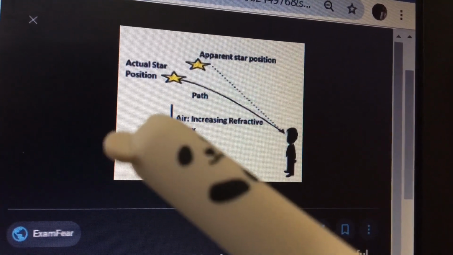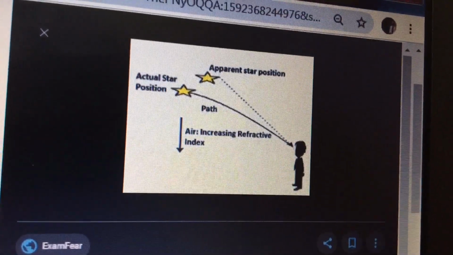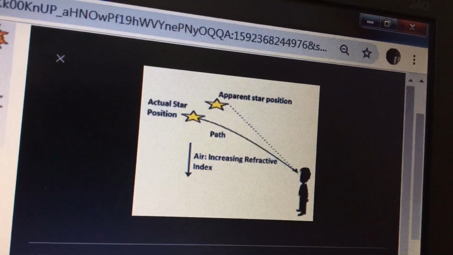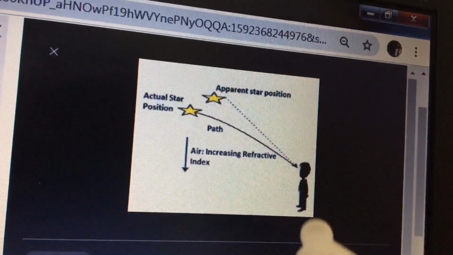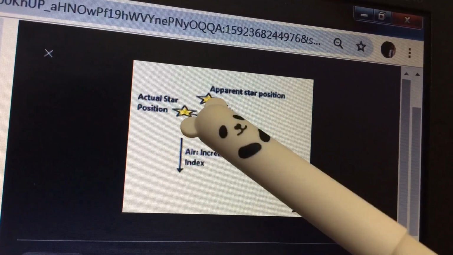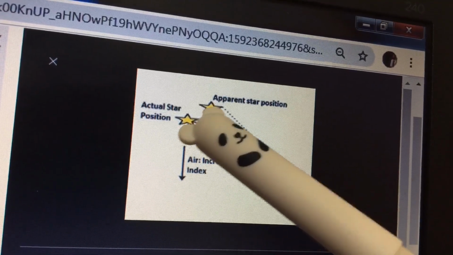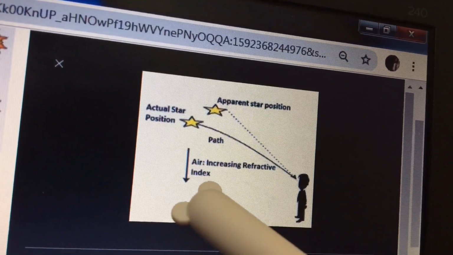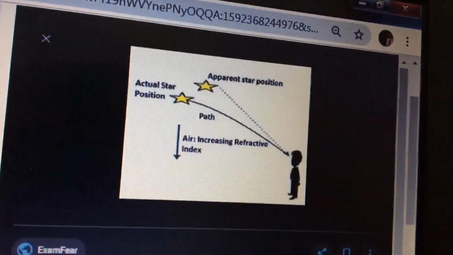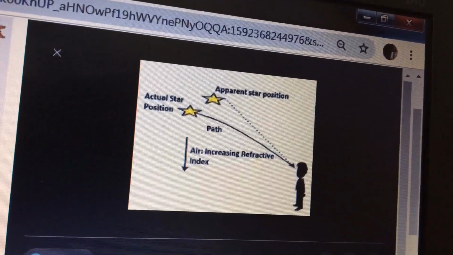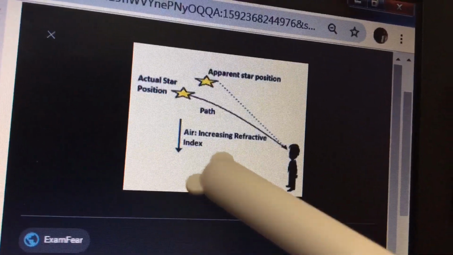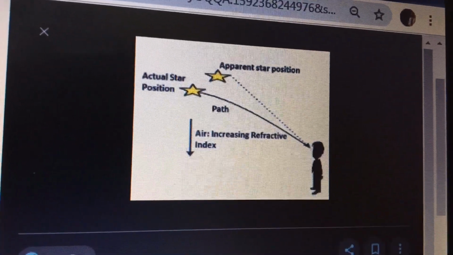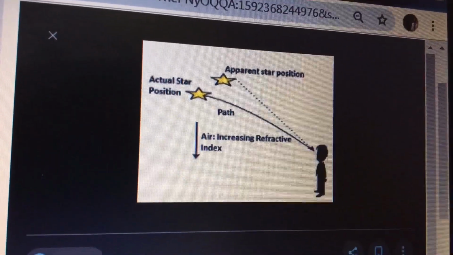But when the star's light passes through those layers and strikes obstacles like water vapor, gases, and dust particles, you will see that the star is apparently further away from its actual position. It is because when the light passes through the layers of air, the refractive index increases. That is why you see the star twinkle.